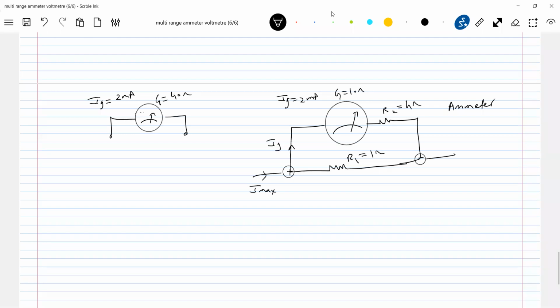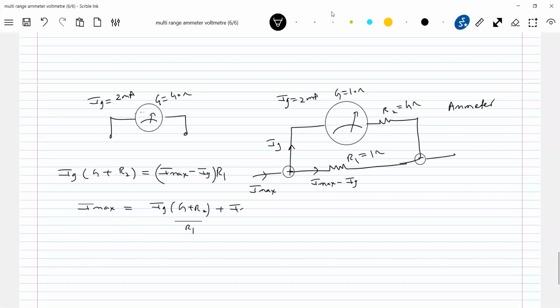Let this be Ig, so here the shunt current is Imax minus Ig. As they are parallel, Ig into (G plus R2) should be equal to (Imax minus Ig) into R1. Simplifying, Imax equals Ig times (G plus R2) by R1, plus Ig.